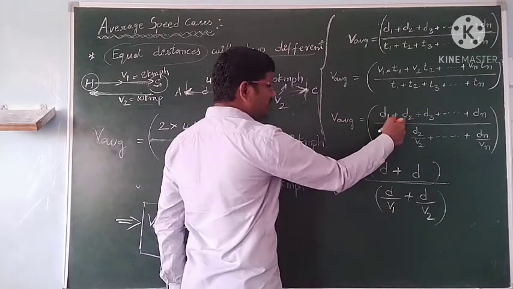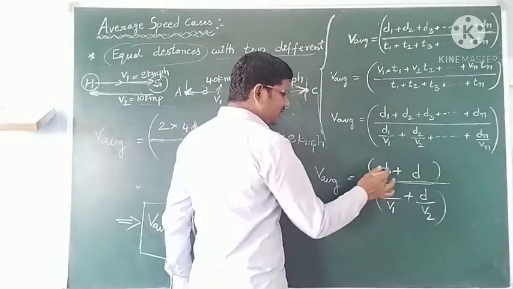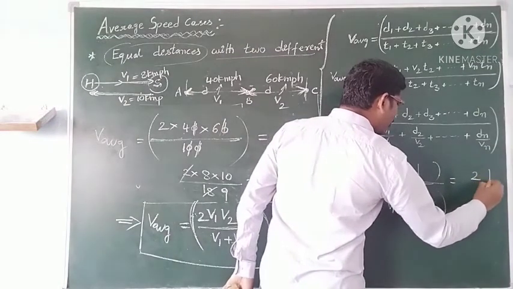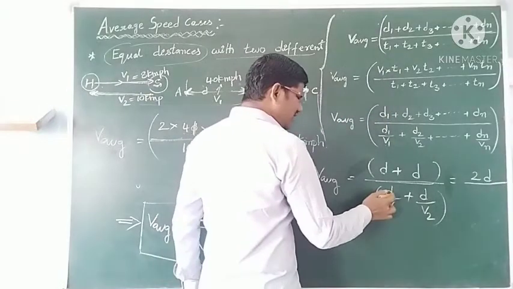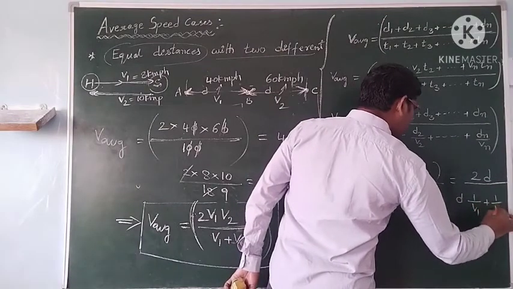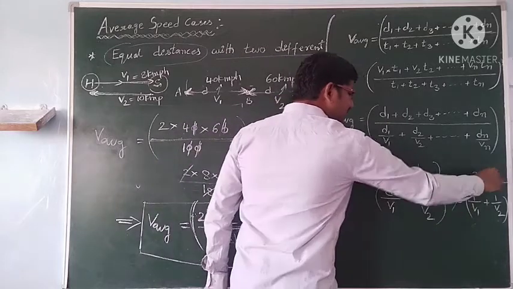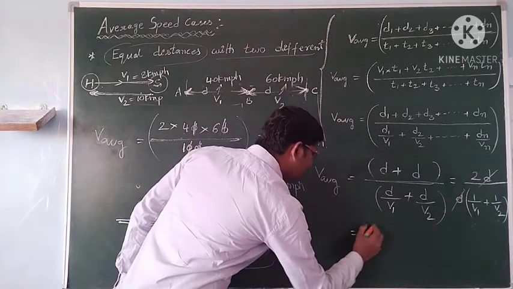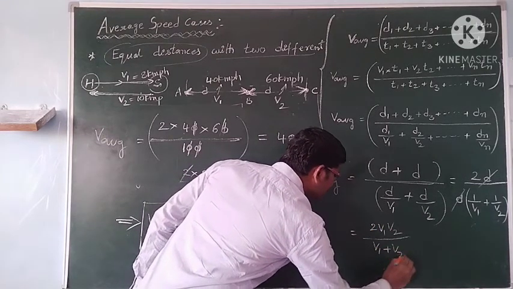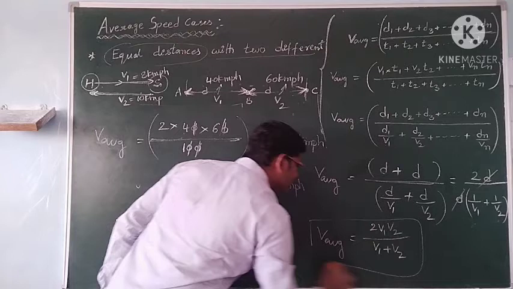D plus d, in the numerator we have 2d by, take d common, what is left? 1 by V1 plus 1 by V2 is left. So d gets cancelled, take LCM, you will get 2V1V2 by V1 plus V2. That is the average speed formula I have used.